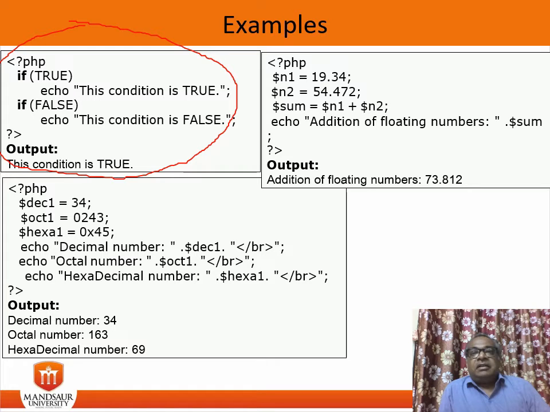The range of an integer must be between minus 2 raised to power 31 and 2 raised to power 31. So this is the range.